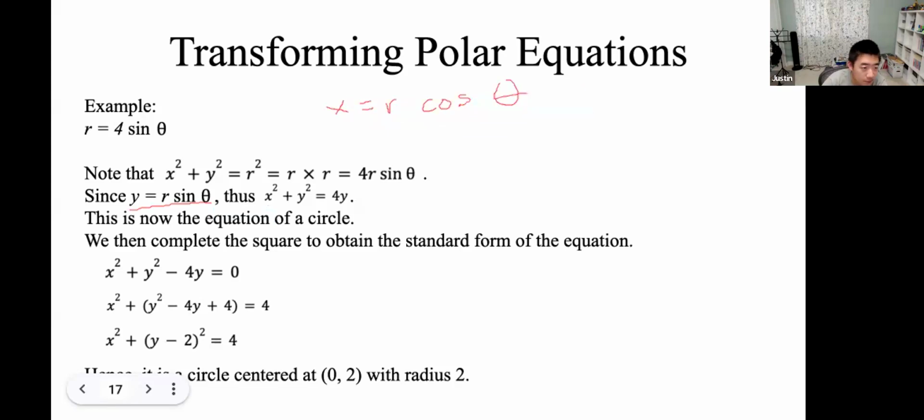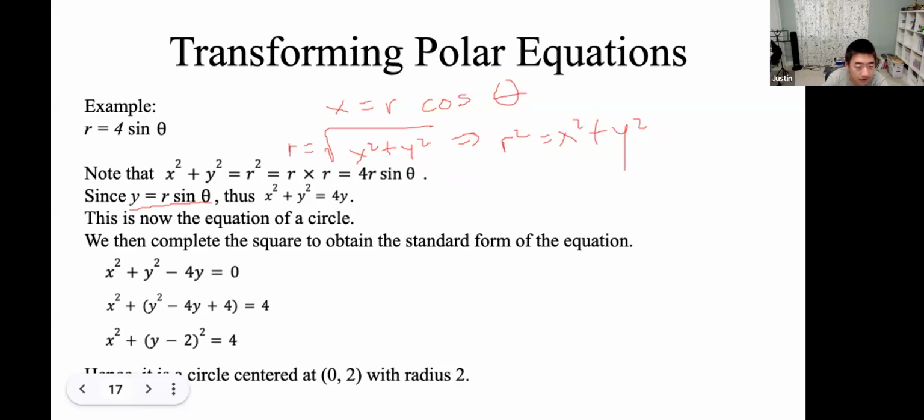So for this example, we have r equals 4 sine theta, and since r is the magnitude, we have r equals root x squared plus y squared, which implies r squared equals x squared plus y squared. So x squared plus y squared equals r times r, and replacing this second r with 4 sine theta, this equals 4r sine theta, which then equals 4y.